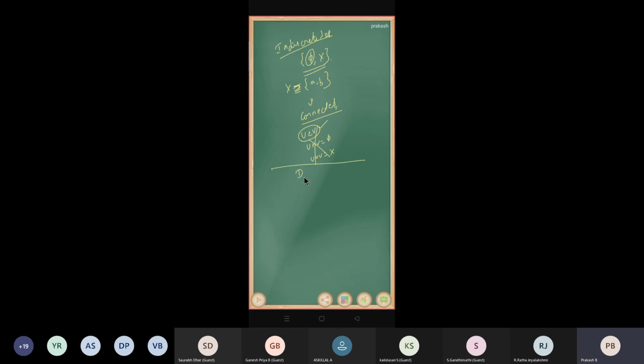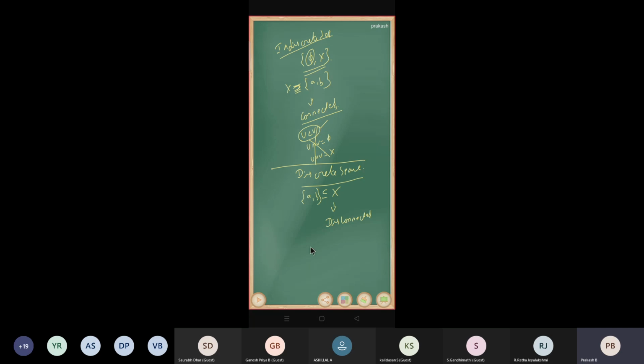In a discrete space, if your space contains two elements, then it will be disconnected. That is not a connected one, because you know that in a discrete space, every set is open, right?